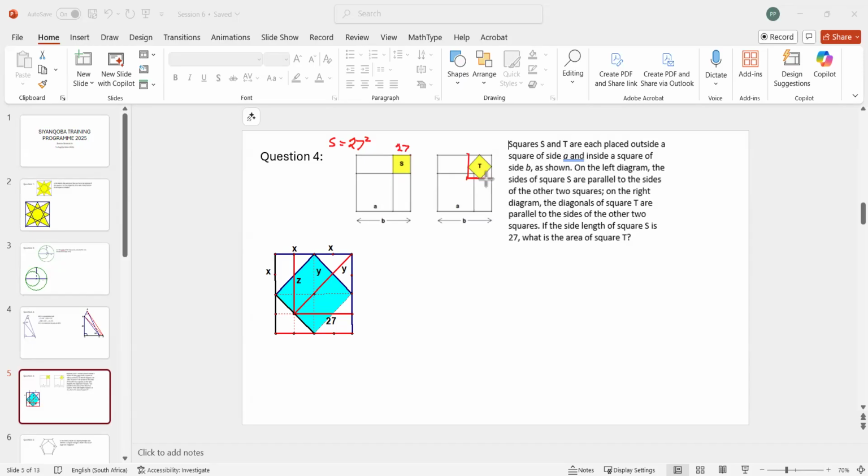You can see that this T, I've got it here. All right. Actually, I don't need all this complicated. I think I can do it in a much easier way.